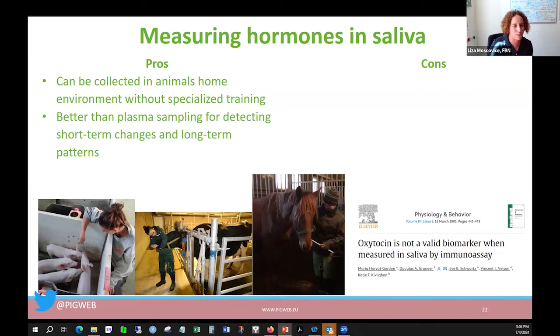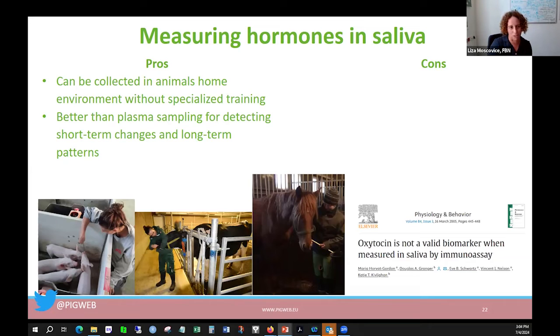Let's say for sure for the steroid hormones, where we have really established methods in saliva, I can't think of a reason why plasma would work better. If you want short-term changes, with the restraint and taking the sample itself, it's really hard to make sure you're not affecting the hormone measurement, because changes in the plasma happen in such a short time frame, and the restraint of the animal and taking the sample can take a few minutes.